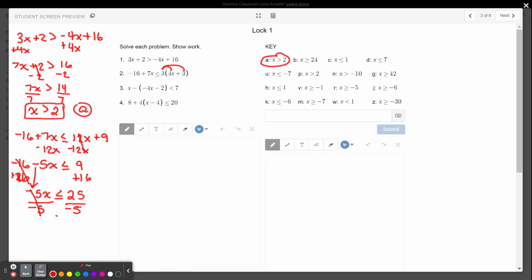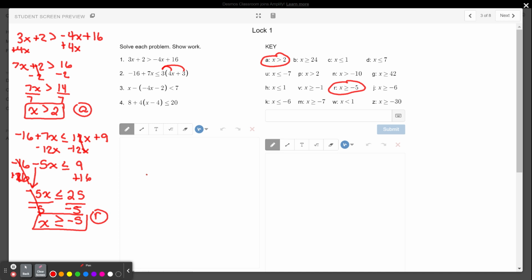So our less than or equal to becomes greater than or equal to. And then 25 divided by negative 5 is negative 5. Which is our letter R. So once again, I'm going to just put a note there.